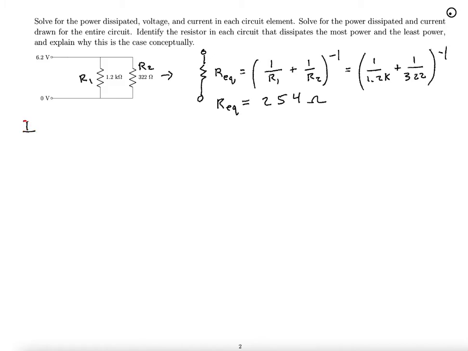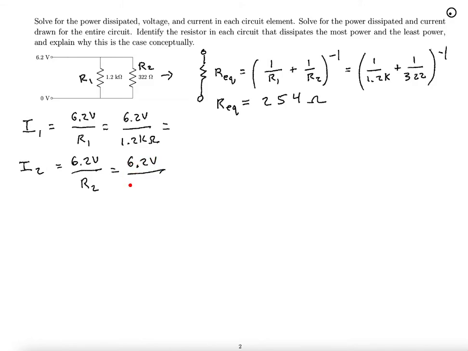So I1, using V equals IR, or I equals V over R, will be 6.2 volts over R1, and the current through the second one, I2, is 6.2 volts over R2, or 6.2 volts over 322 ohms.